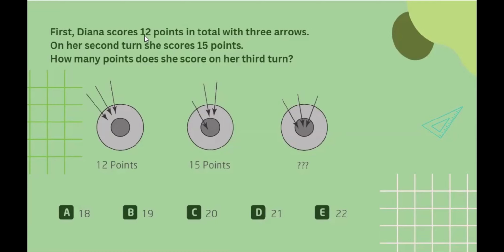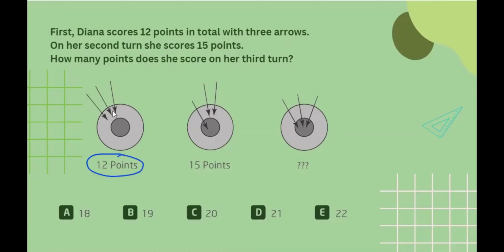First, Diana scores 12 points in total with 3 arrows. On her second turn, she scored 15 points. How many points does she score on her third turn? So as you see here, we have Diana in the first turn, 12 points.